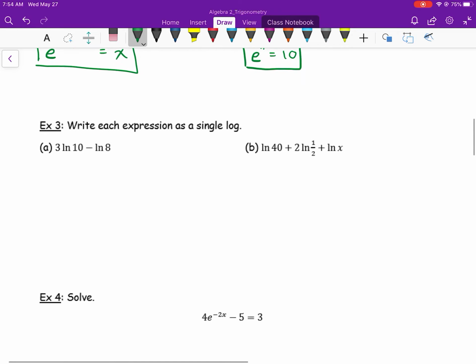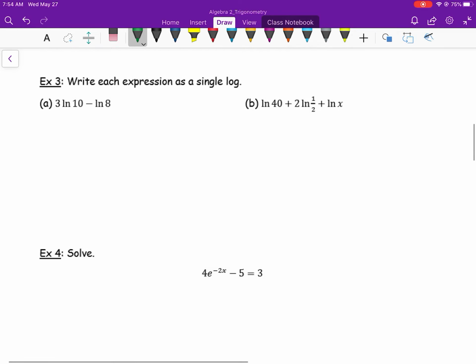Example 3, we're going to use our properties from the previous lesson, and we're going to condense each logarithm. So the number out front of 3 natural log of 10 goes into the power, so you get natural log of 10 cubed minus the natural log of 8. Remember, subtraction becomes division.